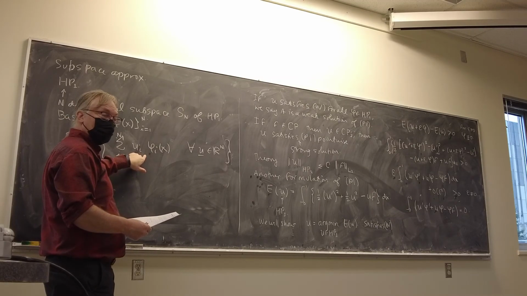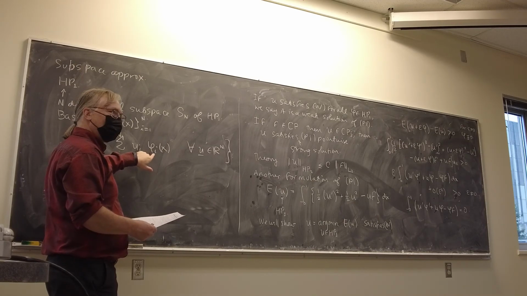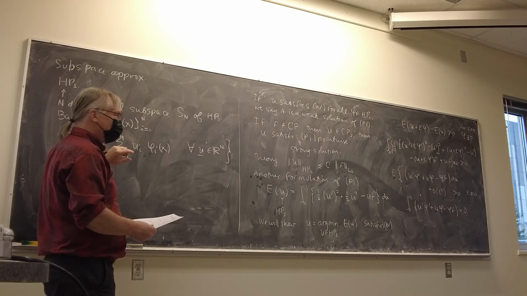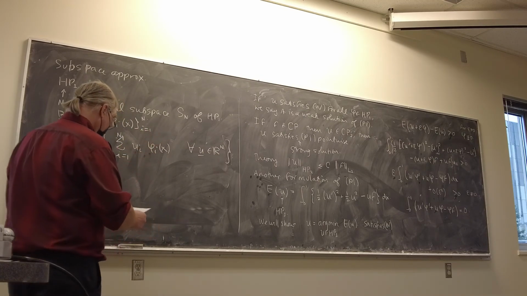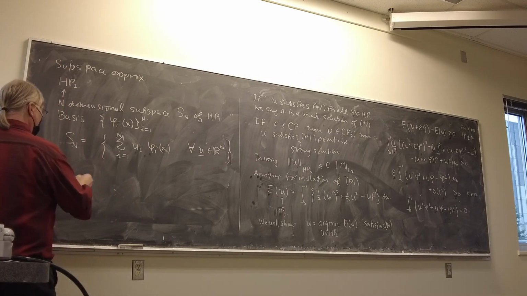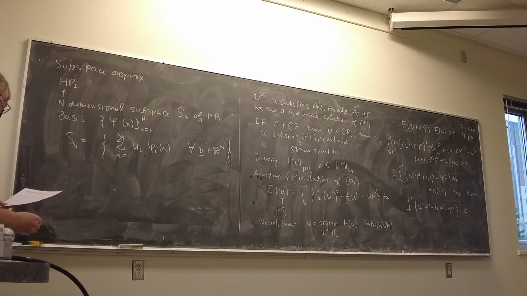We could have functions that correspond to derivative values or integral values of u. So this is general. But I can make it concrete where the u_i's are in fact the values of the solution at some points.